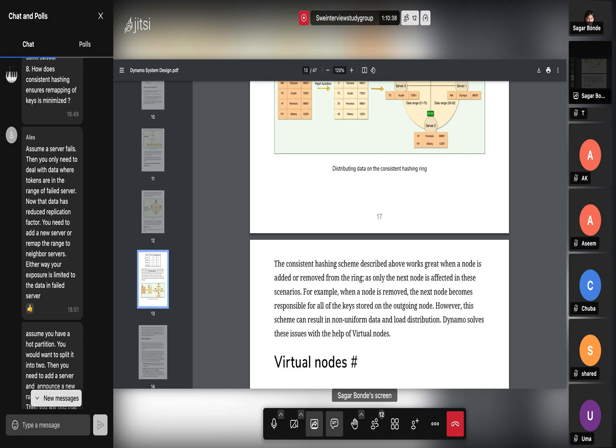That is one thing, but are you okay with some eventual consistency? Say if you write right now, do you want to read immediately as soon as you get the notification, or is your reader okay to read it after some time? I believe in all these social systems you are okay with some eventual consistency.